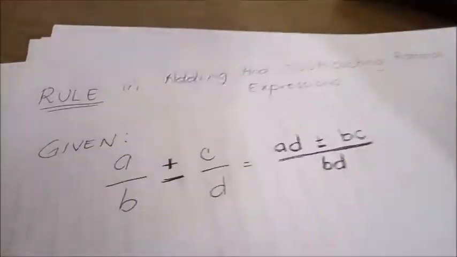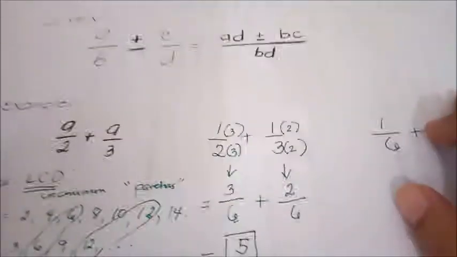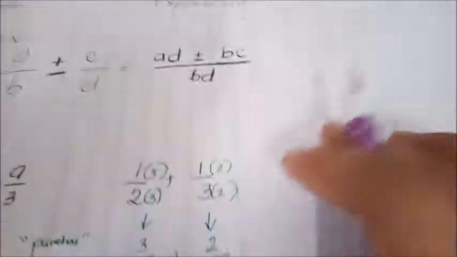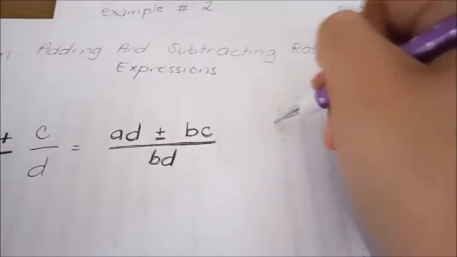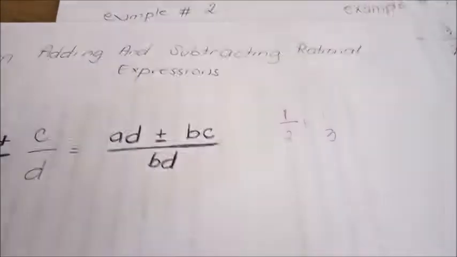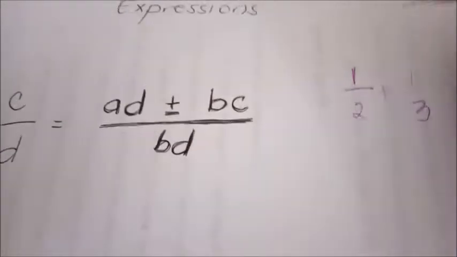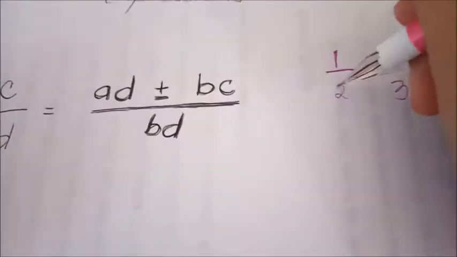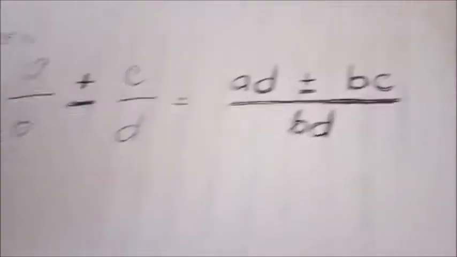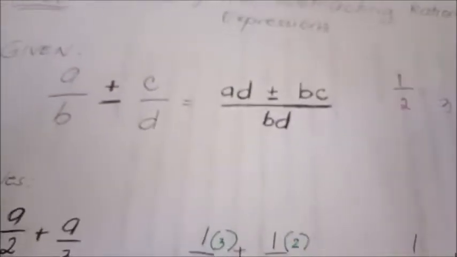Now, if we are to apply yung ating nakita kanina, tingnan natin kung magiging kaparehas ang sagot, no? Okay? So, again, our given is 1/2 plus 1/3. Dito ko gagawin. 1/2 plus 1/3. So again, ang ating rule, product of the first, of the numerator of the first, and the denominator of the second, diba?